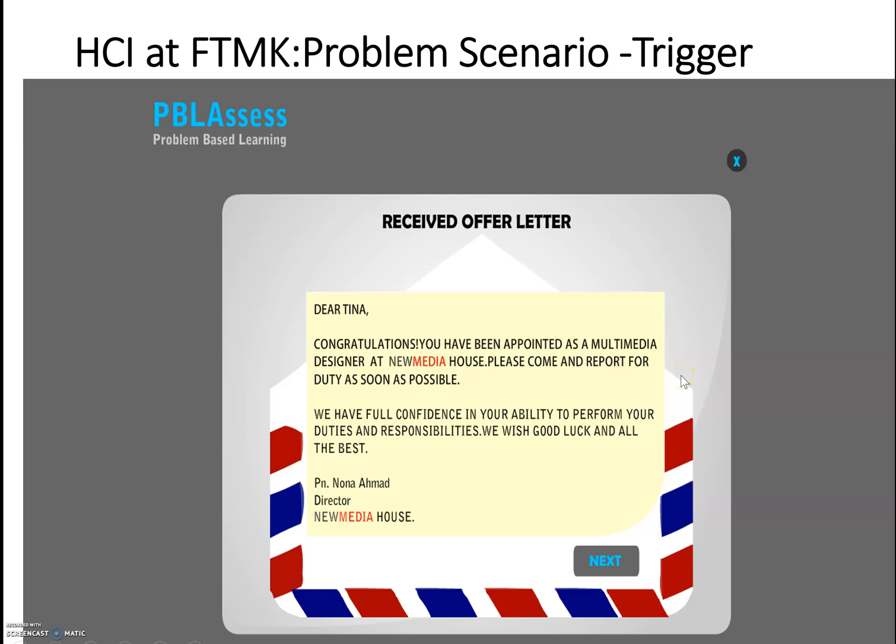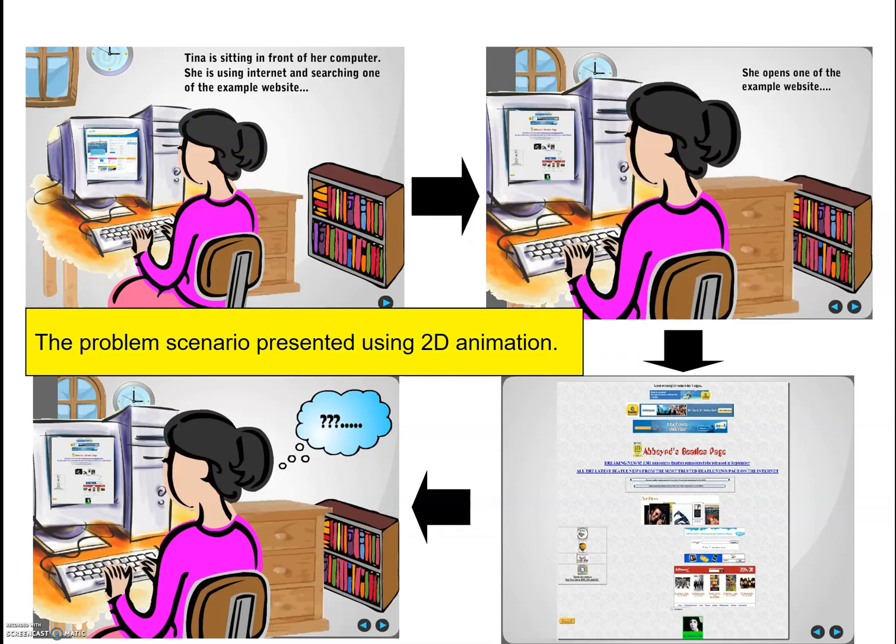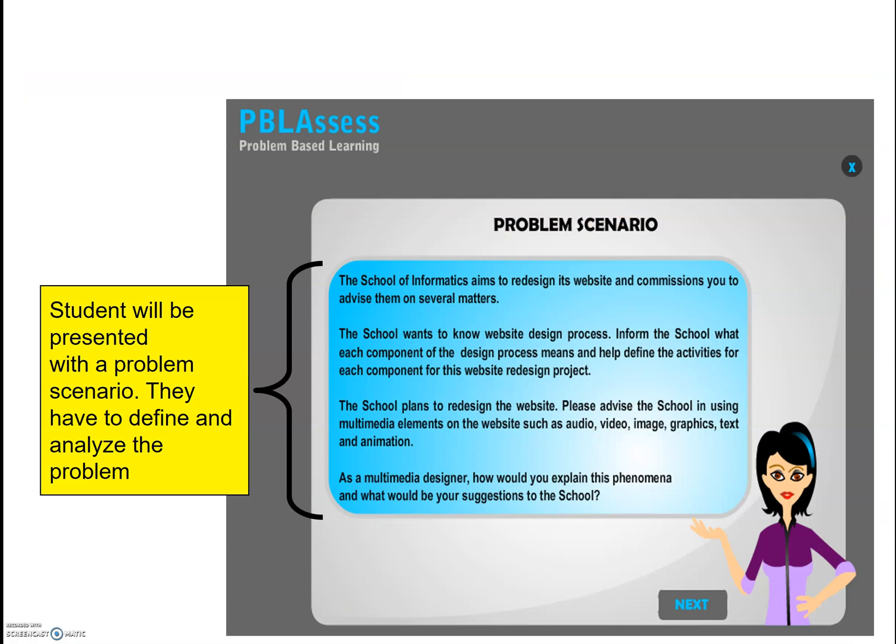They need to come to report for duty. Part of their duty is that they need to redesign the website of the company. In order to redesign, I prepare a badly designed interface so that by doing that they will understand what the do's and don'ts are, because they have to rebuild the design of the interface.